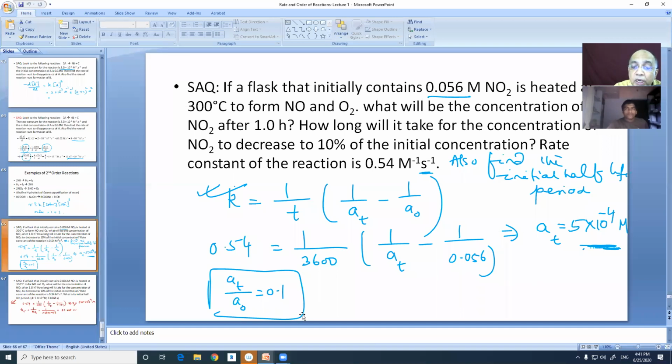Has anybody answered this at home? What time will be required for this second order process to decrease to 10%? No one?